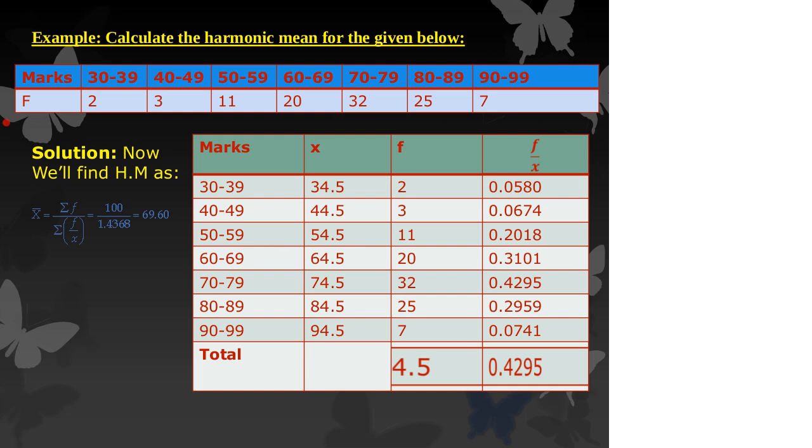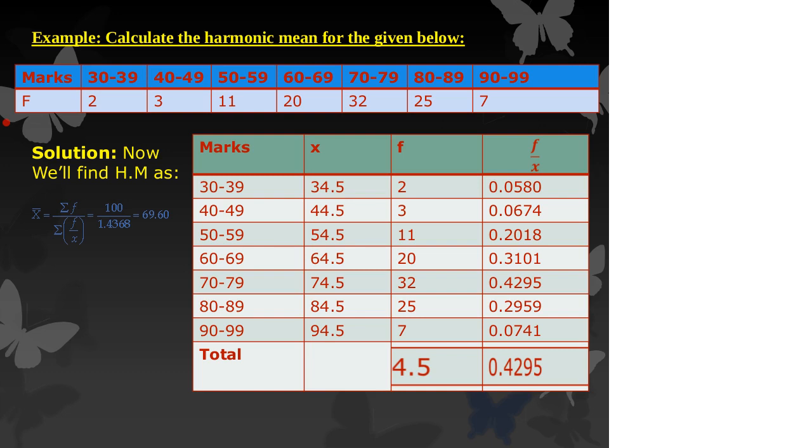So for the second class, we have the frequency being 3 and our midpoint was 44.5. So we are going to multiply that. 3 times 44.5. What is the answer? So we indicate 133.5.